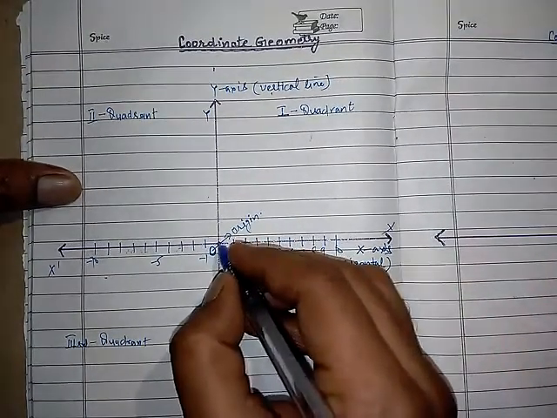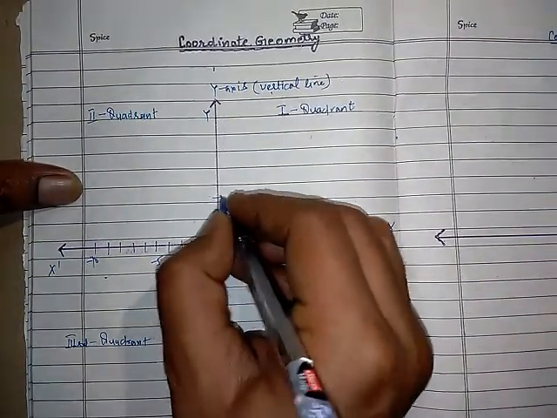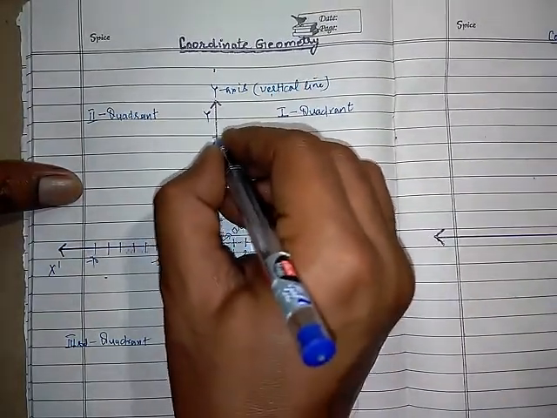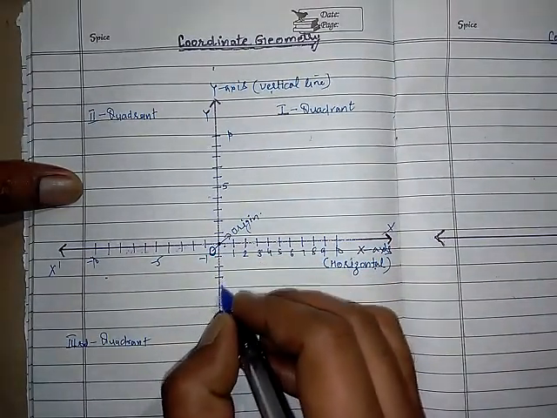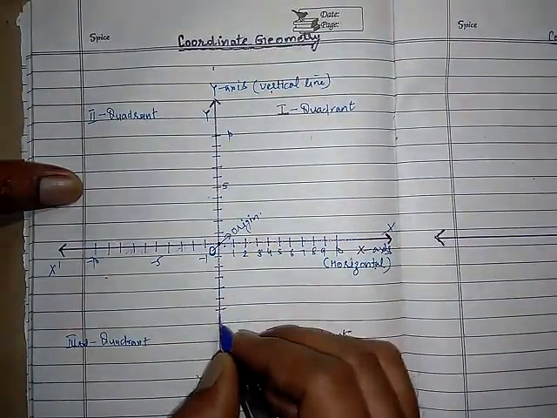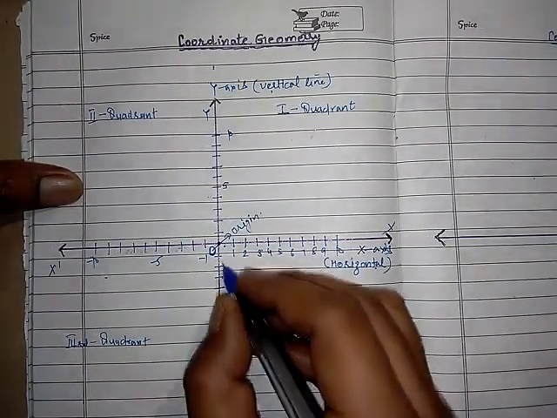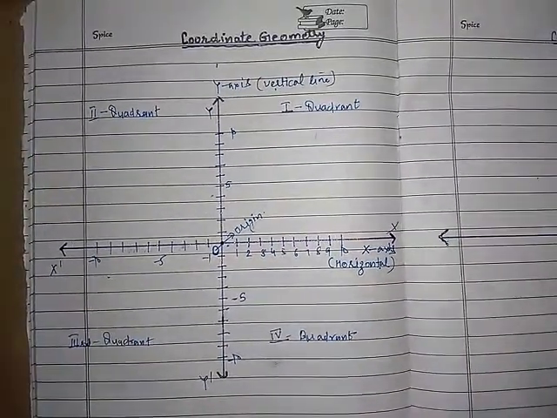Same here. Above the origin, it will be your positive y-axis. This will be 5, 6, 7, 8, 9, 10. So this will be your 10, and this is your -10, this is -5, right?